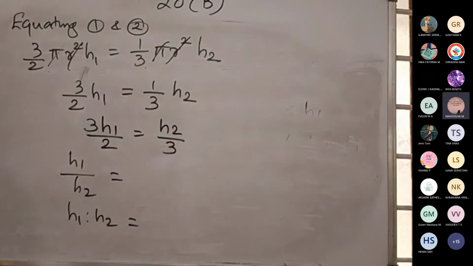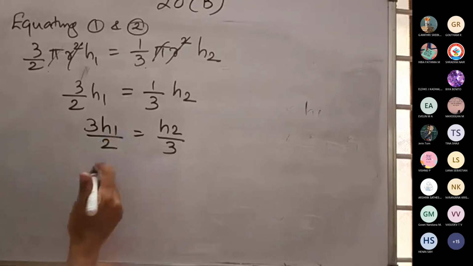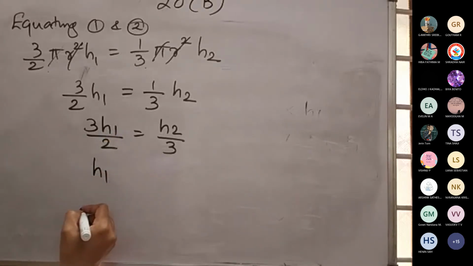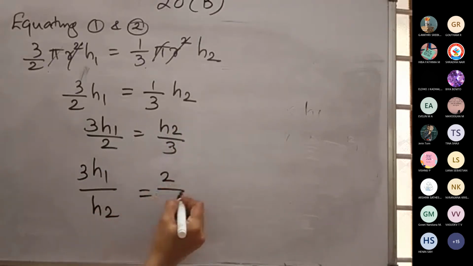We need H1 by H2. Just change the position. H1 only here, H2 you take here. Instead of 2, just change the position, then it will be easy. 2 divided by 3.